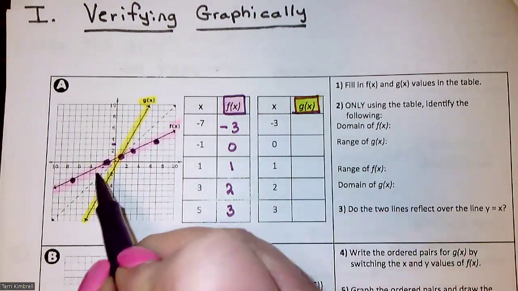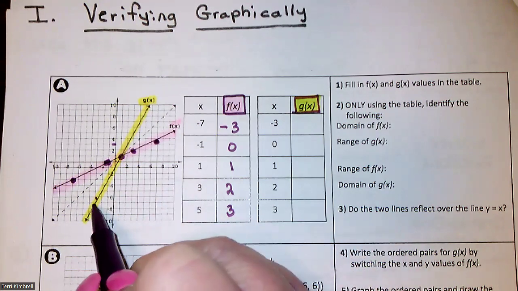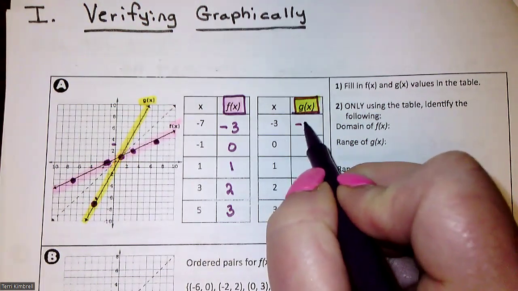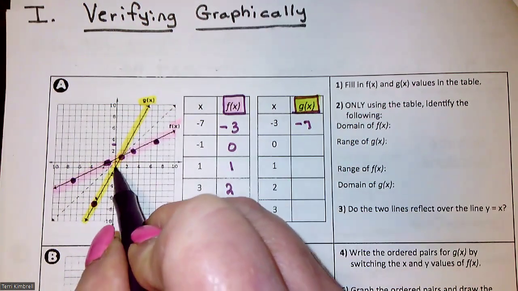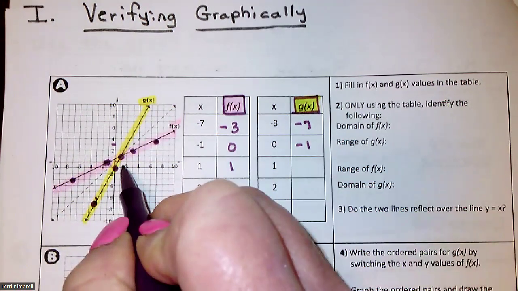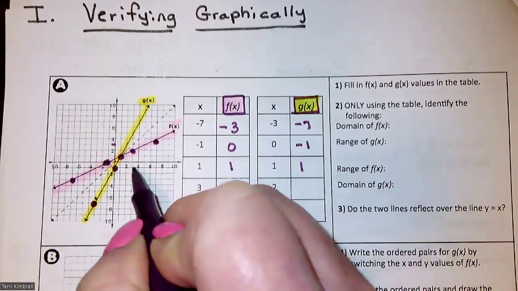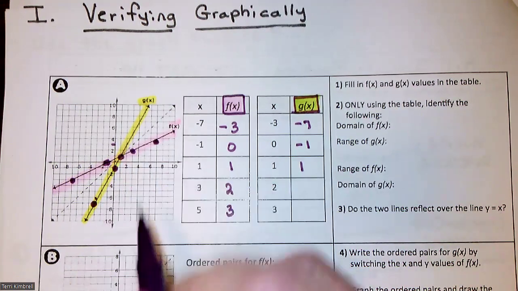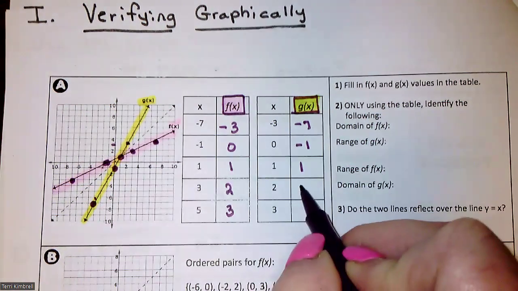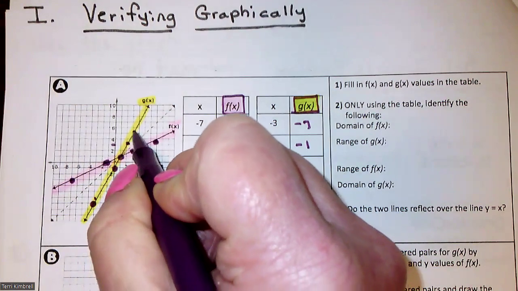So that means that -3 should give you -7. 0 should give you -1. 1 should give you 1. 2 should give you 3. And 3 should give you 5.